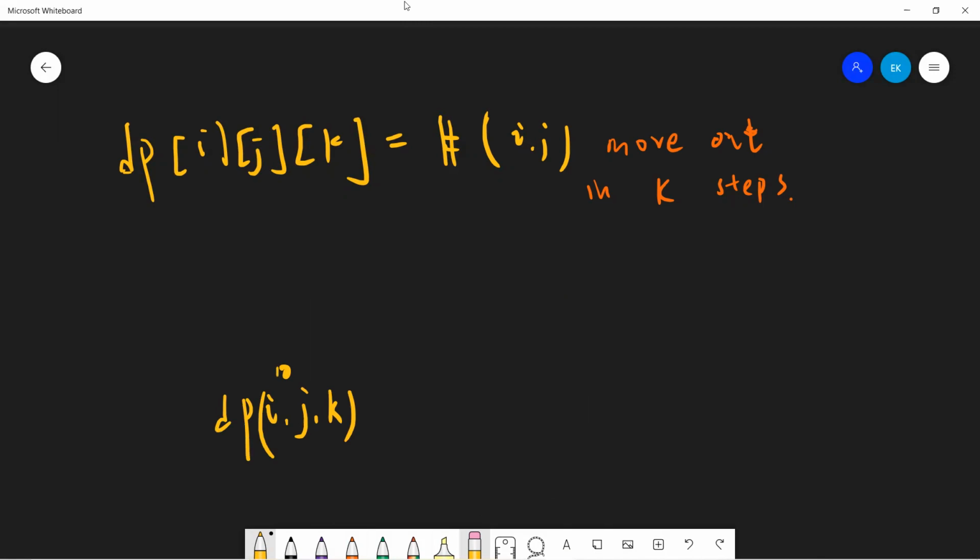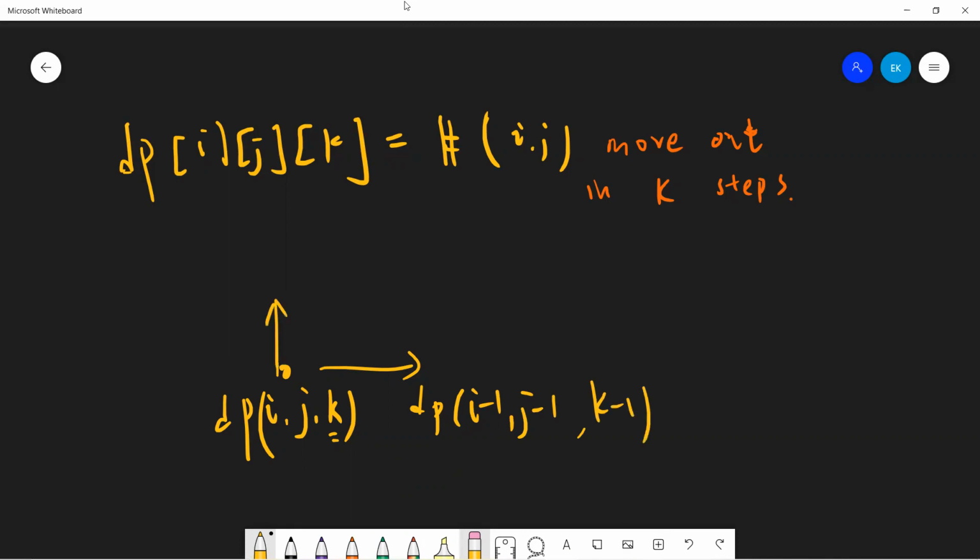That means I start at i, j, and in k steps I need to move out. So what is my next step? I can go here. So this means DP[i-1][j] with k minus 1 step, since I already spent one step.